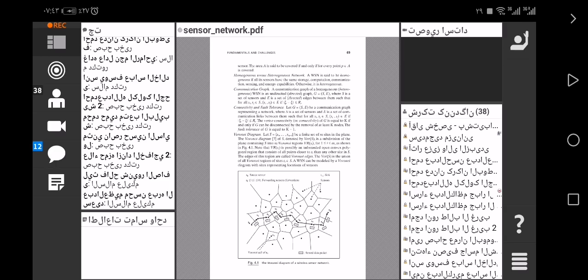If storage, computation, communication, sensing, and energy capabilities are the same for all sensors, then this network, including these types of sensors, is homogeneous. Otherwise, it's heterogeneous.